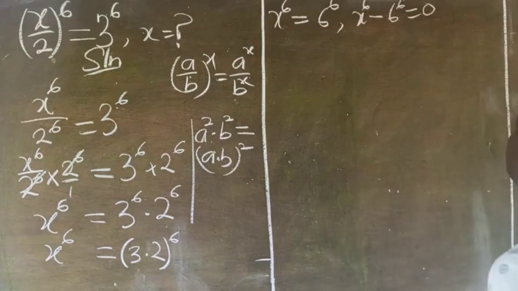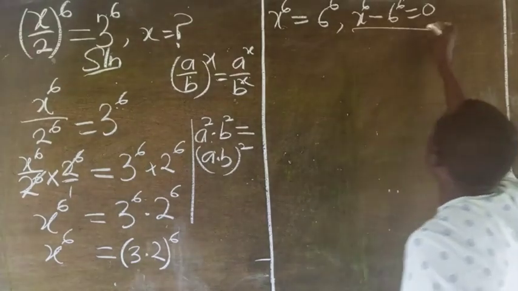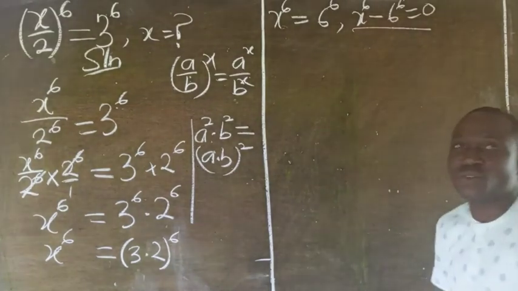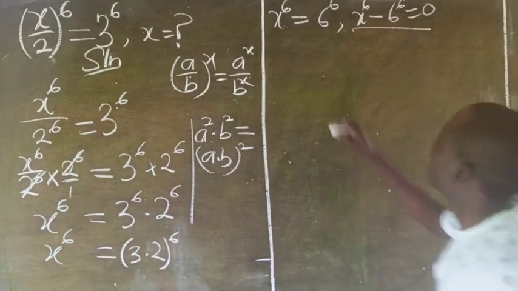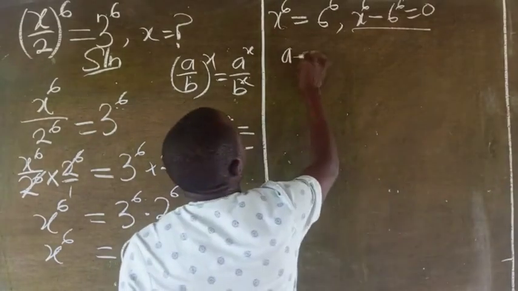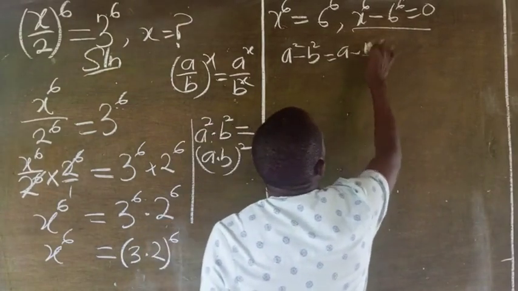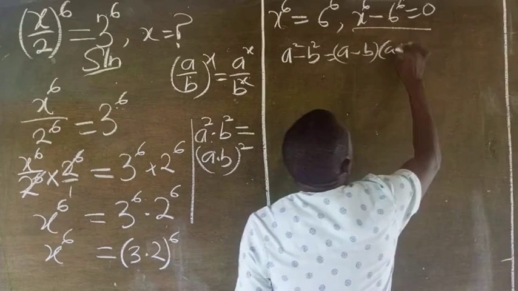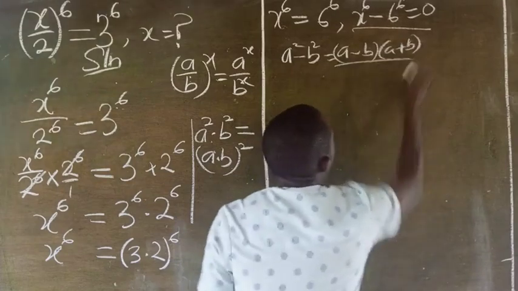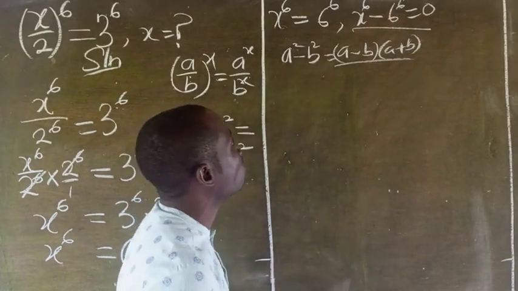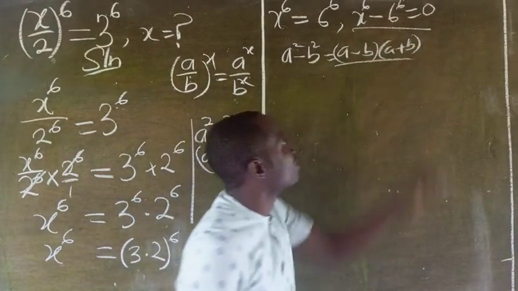You see? So from here, we want to consider what we can do to the equation to progress. We're going to consider the difference of two squares identity that says a squared minus b squared equals a minus b times a plus b. But before we can use this, both terms must be raised to the power 2, and here we have them raised to the power 6.